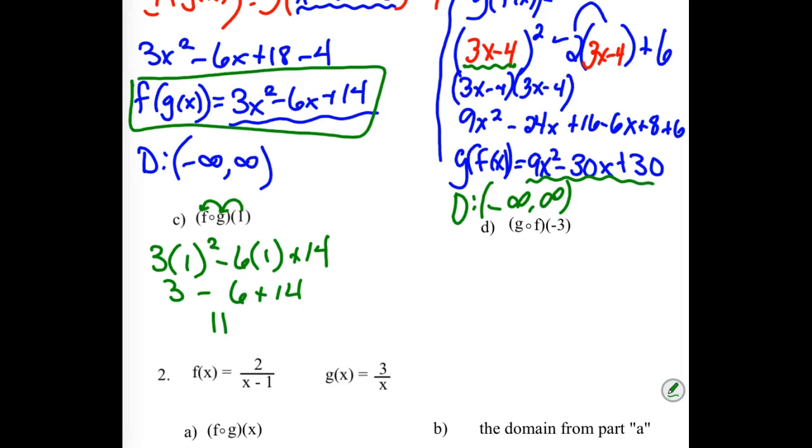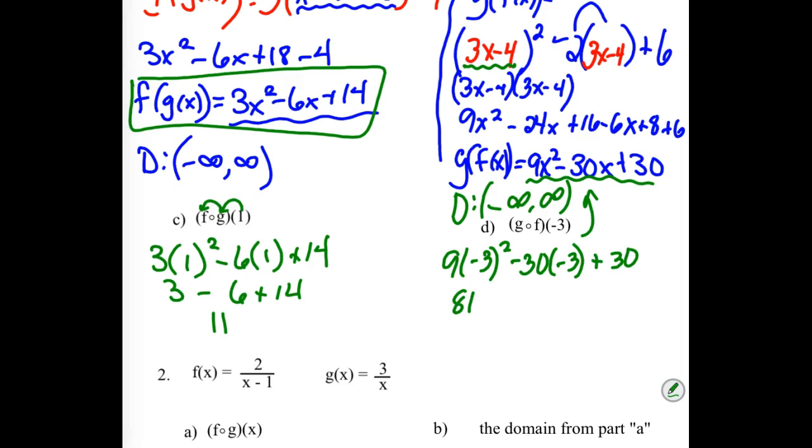All right, for our second one, it says do your composition g of f, which we did, and now put a negative 3 in. So we are just dumping a negative 3 into this answer. All right, so what is negative 3 squared? 9. 9 times 9? 81.